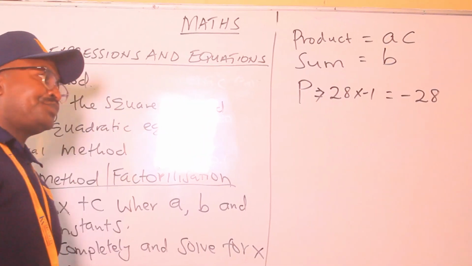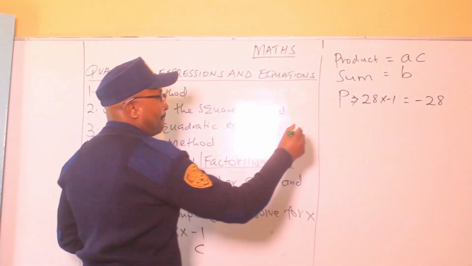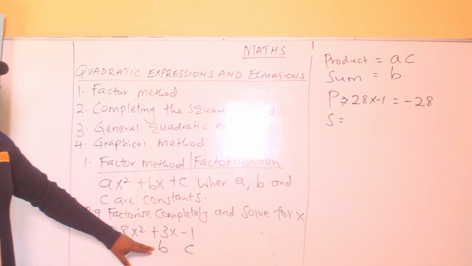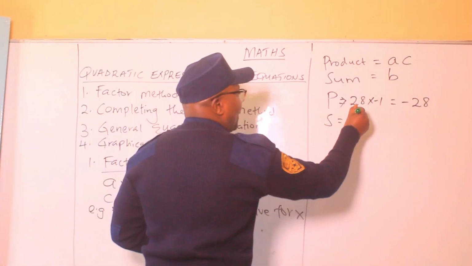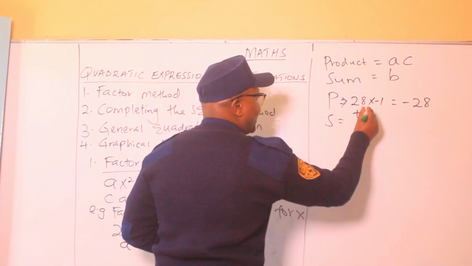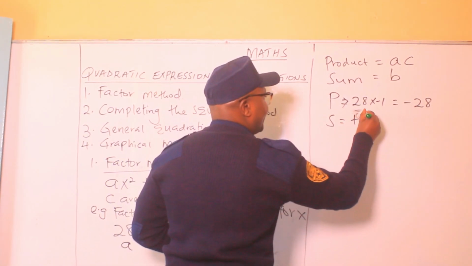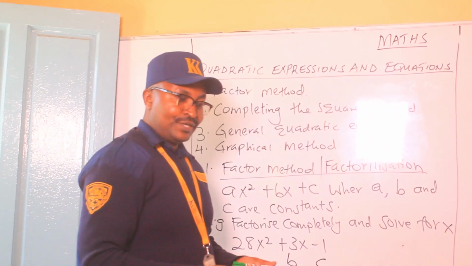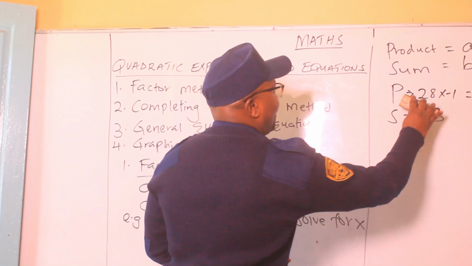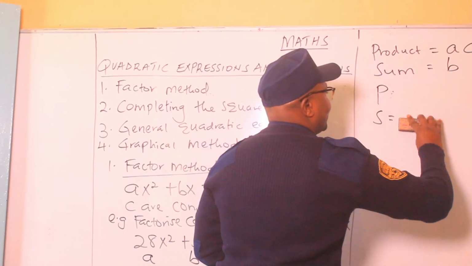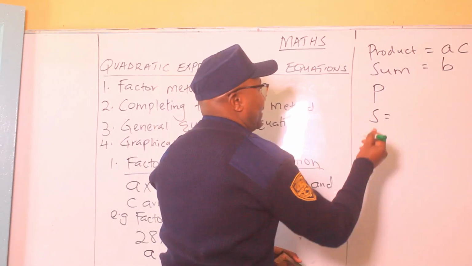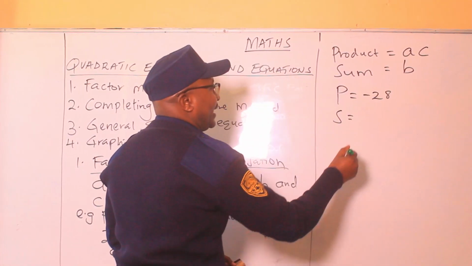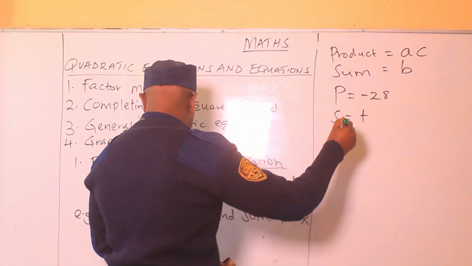Then our sum is equal to the value of b, which is positive 3. So we have said our product is negative 28 and our sum is positive 3.